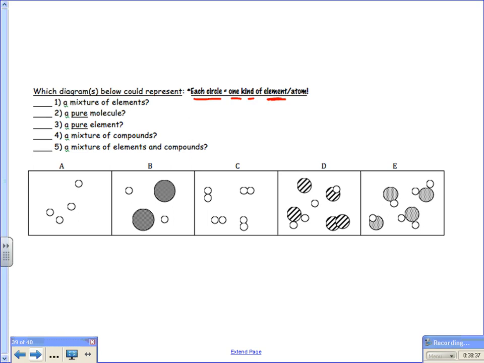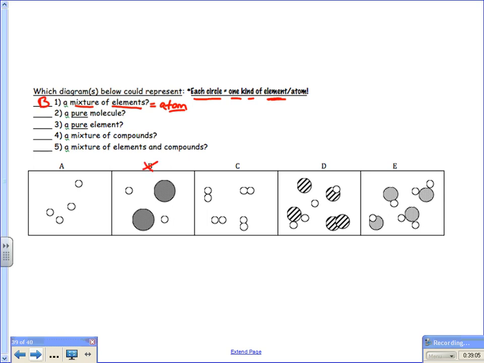And that something I want you to focus on is elements. So an element equals an atom. So there should be only one circle because that represents a kind of element. But now I want a mixture of single atoms. A mixture of single atoms. And so our answer here is letter B.